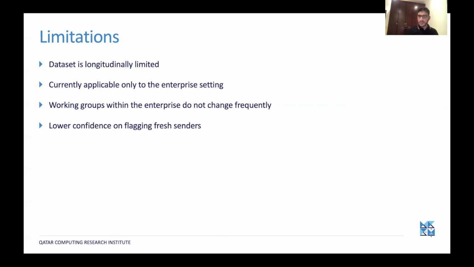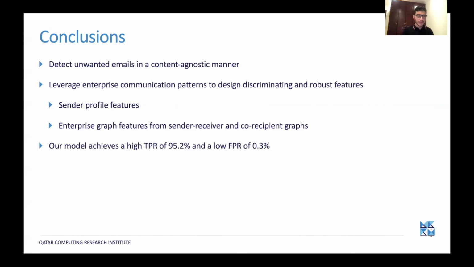But if an email is sent to multiple recipients, our co-recipient graph-based features come to the rescue and help distinguish between benign and unwanted. So in conclusion, we showed in this work how to detect unwanted emails in a content agnostic manner, and we leveraged enterprise communication patterns to design discriminating and robust features.